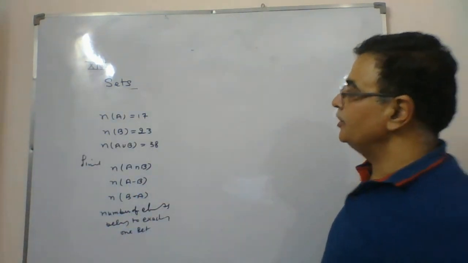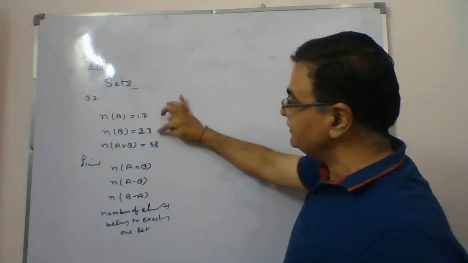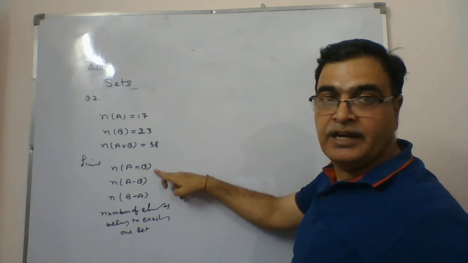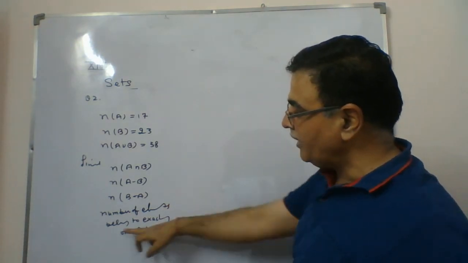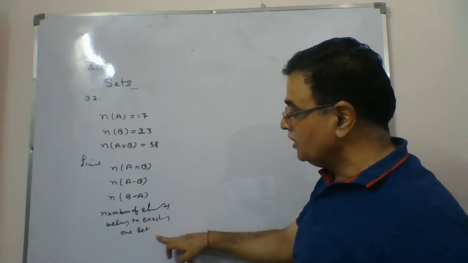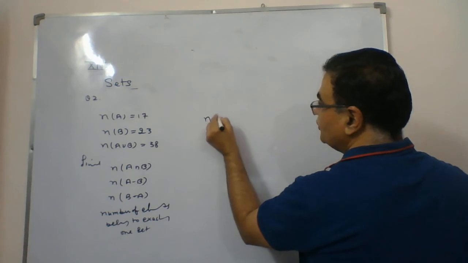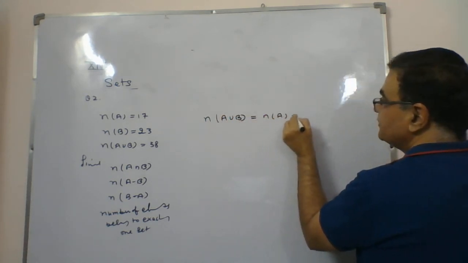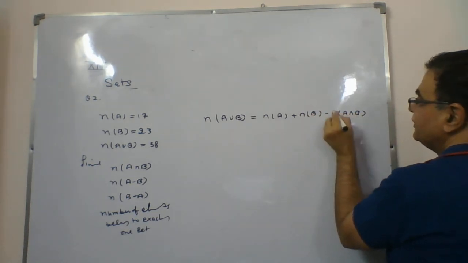Now this is the question number 2 we are taking, in which n(A) is 17, n(B) is 23, n(A union B) is 38. My question is, find n(A intersection B), n(A minus B) and n(B minus A). Number of elements exactly belonging to one set, right? So first is the formula you have already done. n(A union B) is n(A) plus n(B) minus n(A intersection B).